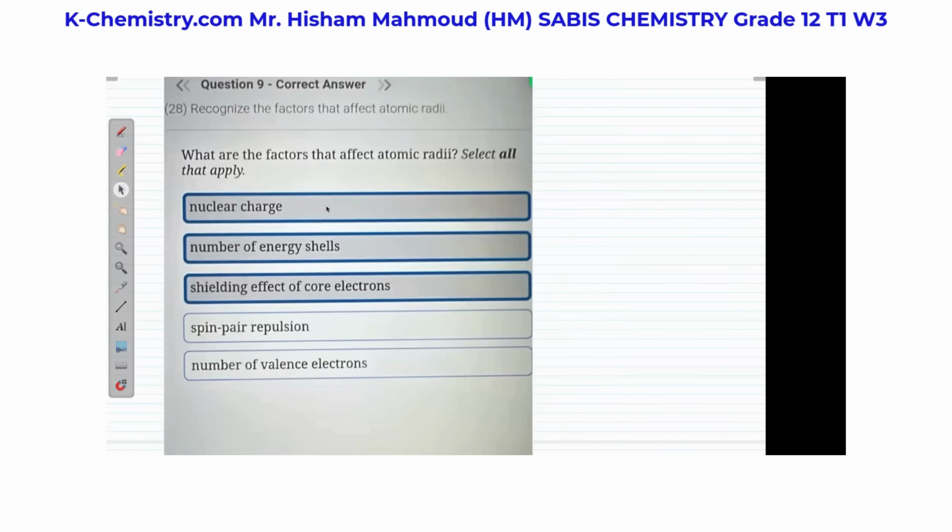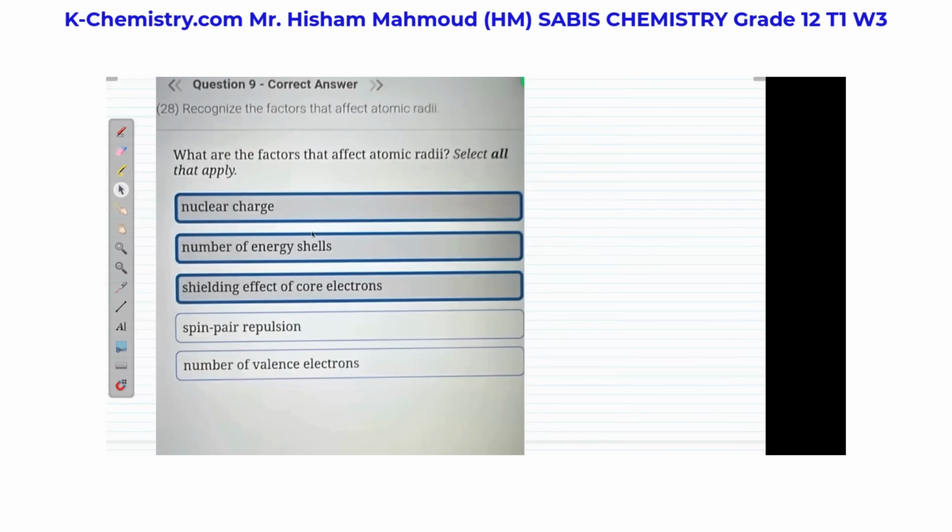What are they? The nuclear charge, the number of energy levels, and the shielding effect. So take care. These three factors affect the ionization energy, the atomic radius, and also the electron affinity. They are the same three factors.